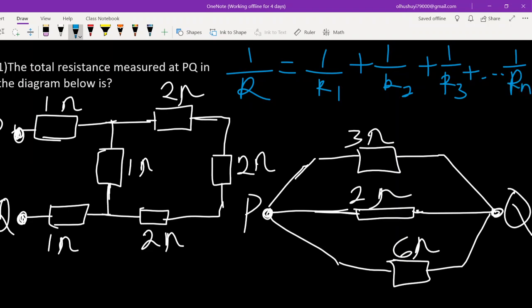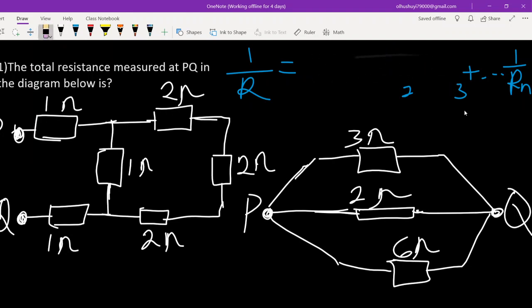So that's what you will have. Then when you are done, don't forget this is what we are looking for. You are not looking for 1 over R, you are looking for the combined resistance. But this is the formula for calculating the combined resistance in a circuit such that the resistors are arranged in parallel.